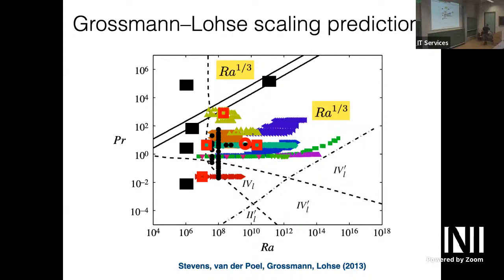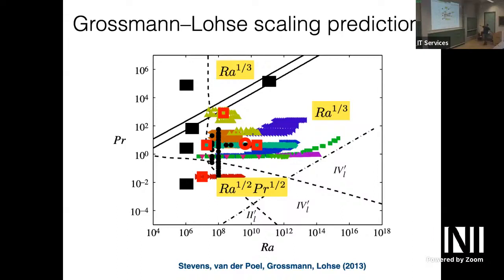It's actually very hard to pin down what the prediction about this regime is from the Grossmann-Lohse theory. In this little boxed region, which is not an asymptotic regime, they predict Rayleigh to the 1/2, Prandtl to the 1/2. The difficulty is that there are no further predictions in their original systematic series of arguments.